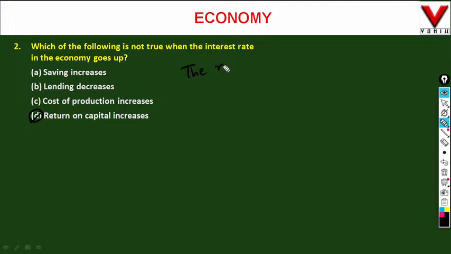The rise in interest rates results in, actually it's not increased borrowing, it's rather increased cost of borrowing.